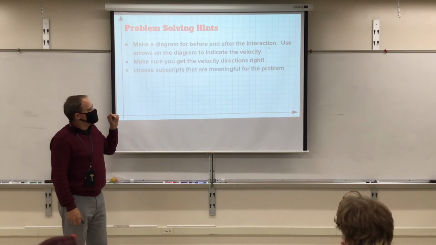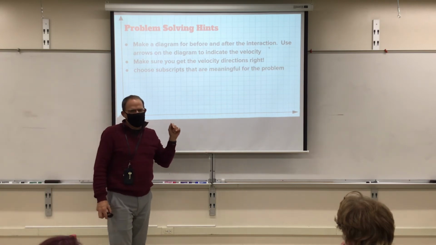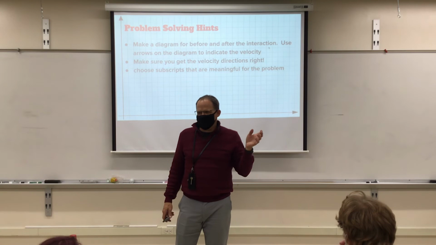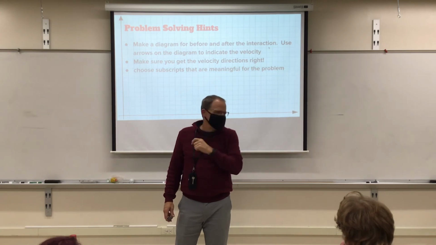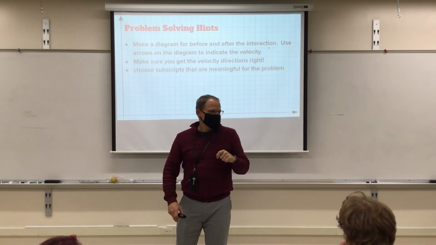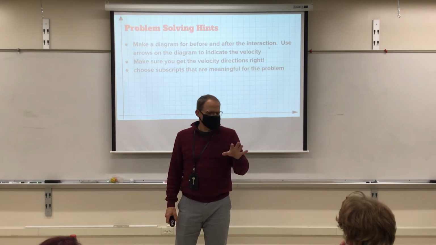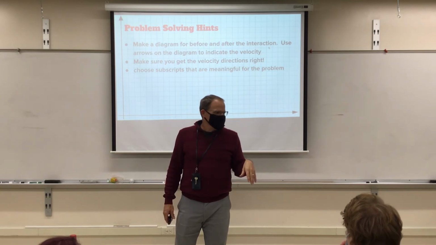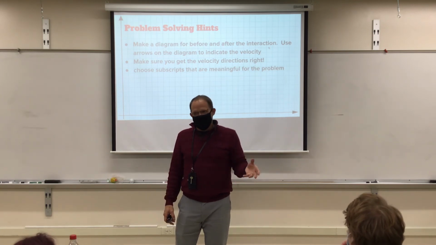Choose subscripts that are meaningful. Some people call it M1 and M2, and then they switch and they get it all reversed and they can't get it right and they don't know what the heck's going on. And half an hour later, they erase it all and start over. Okay? Just choose interesting subscripts that make sense in the context of the problem. If you've got a girl and a pumpkin, use G and P. If you've got a bullet and a block, you're in trouble.